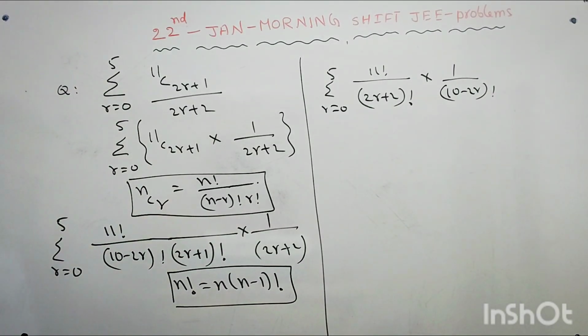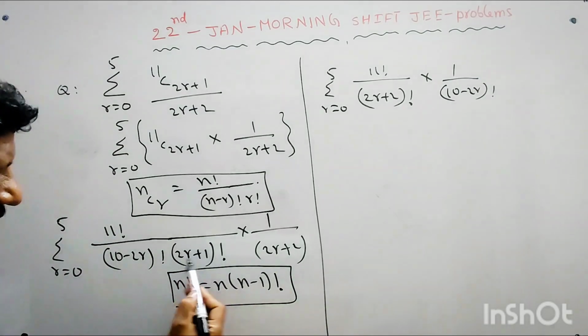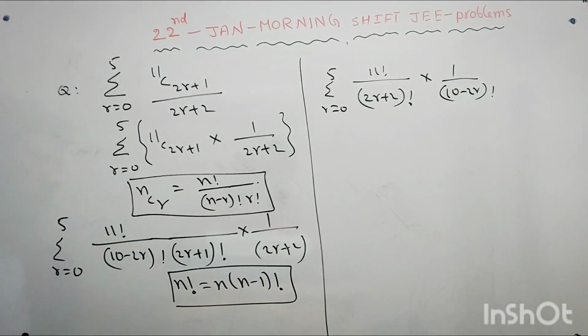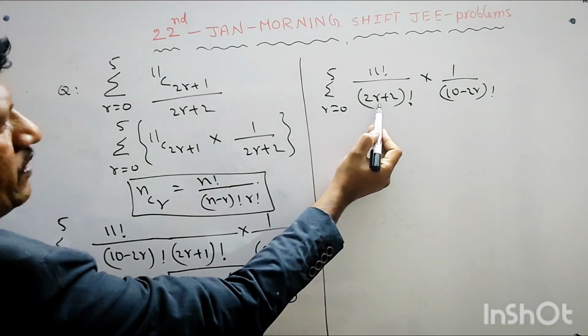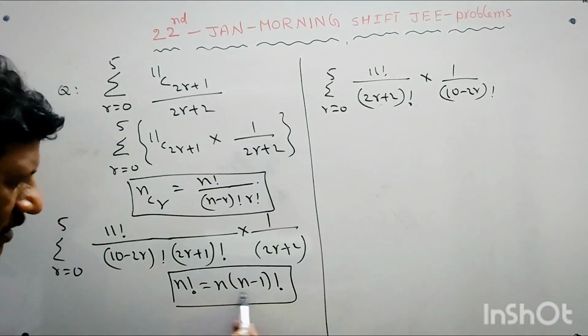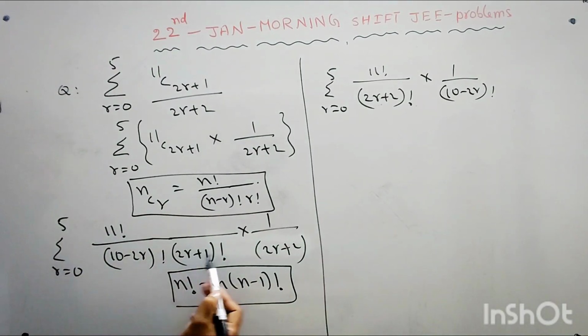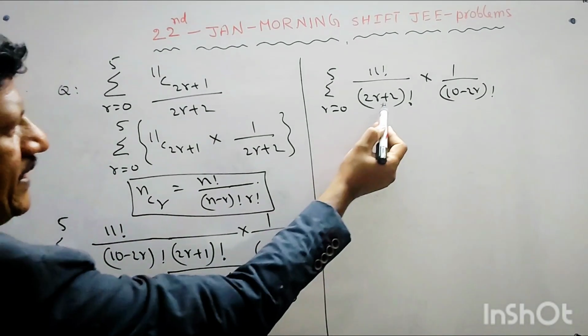If you apply this formula for this step, again the same step will come. You assume this part as n factorial, apply this formula, and the step will come. So in place of both these steps we can write like this.